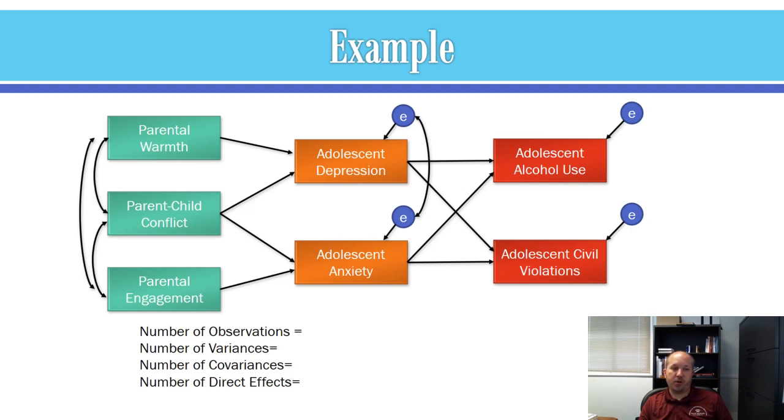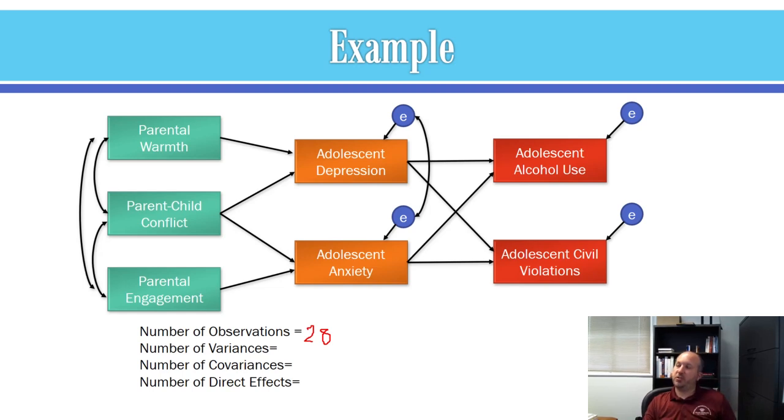So we have 1, 2, 3, 4, 5, 6, 7 total variables. 7 times 7 plus 1, so 7 times 8 is 56, and then divide that by 2, and we get 28, if I did my math right. So we now have 28 observations.